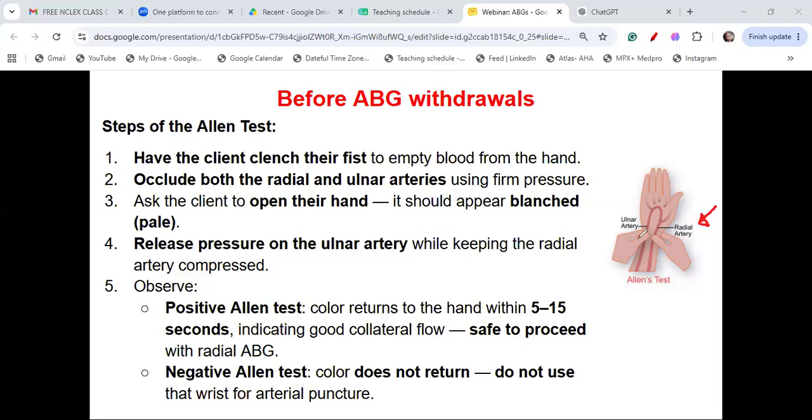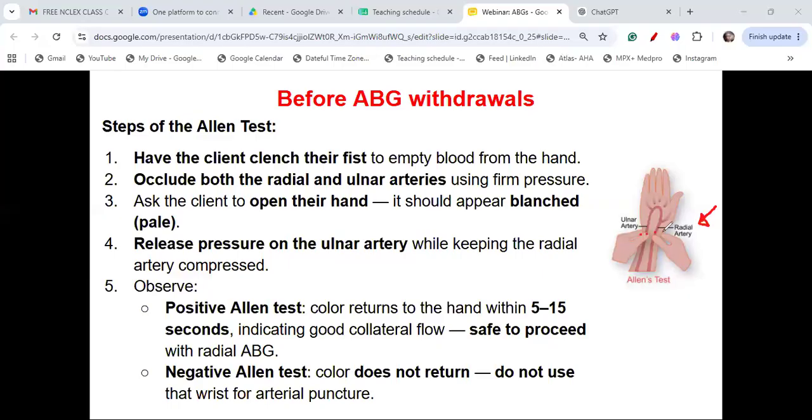Then, once you've occluded and your fingers are still there, you instruct the client to open the hand. This will appear blanched. Blanched means they become pale. Why? Because you have occluded blood supply from both the ulnar and the radial artery.